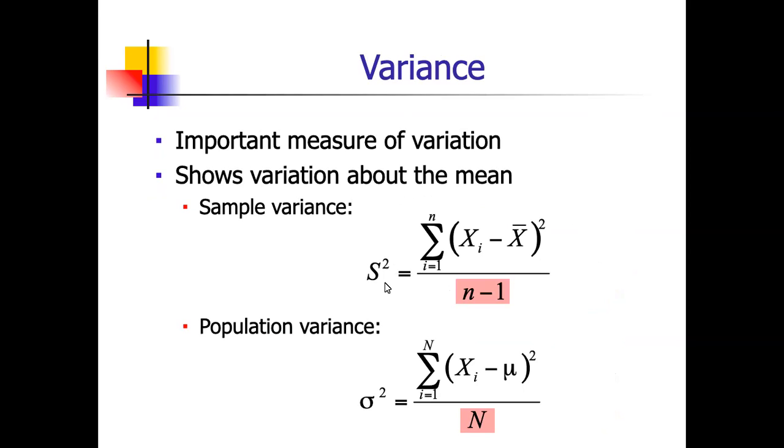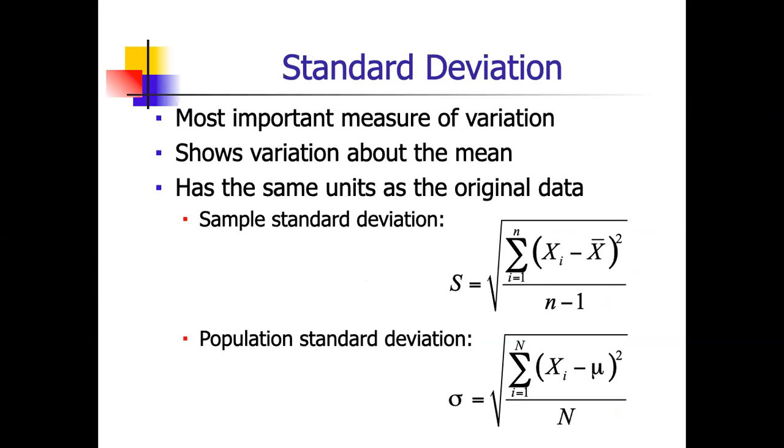So the interpretation based on the original data in inches would now be in inches squared. However, if we take the square root of inches squared, we get inches. Meaning, we are now interpreting our original data in the same unit, inches, because we have taken the square root of our variance.